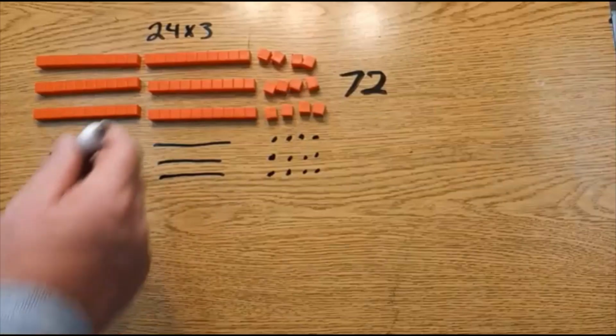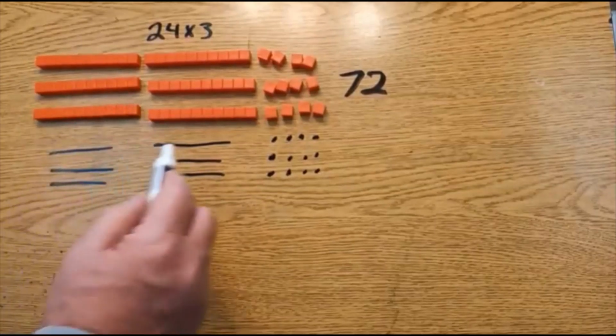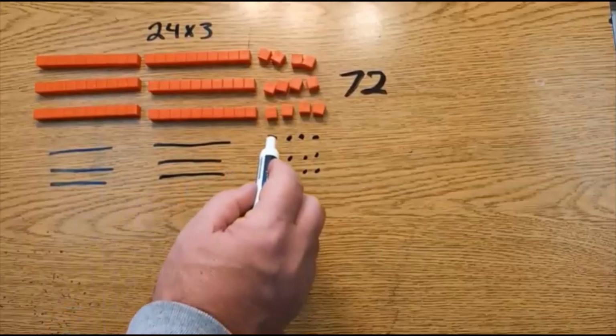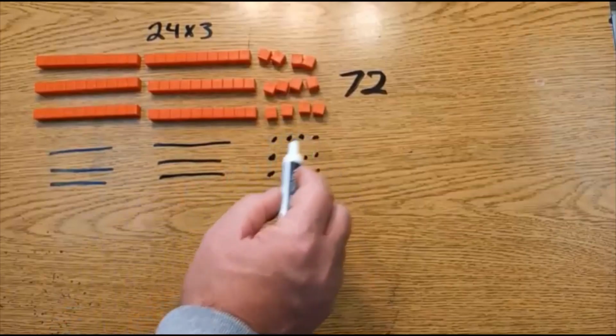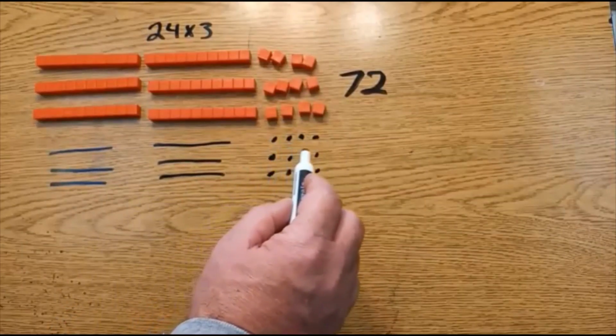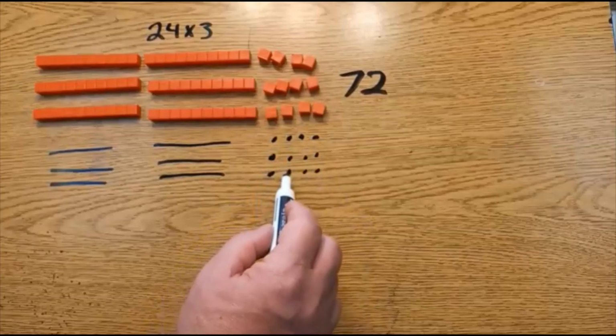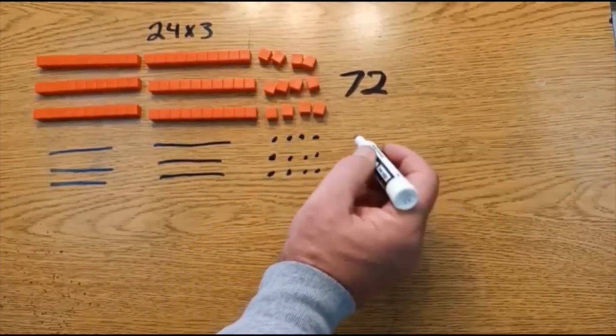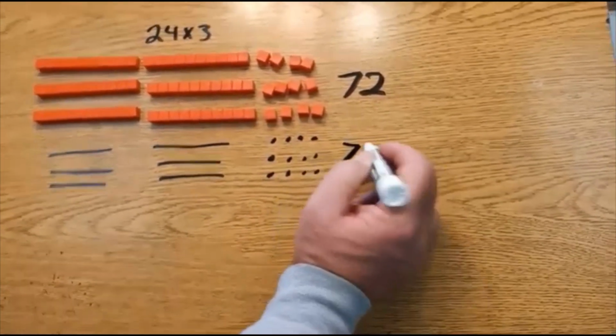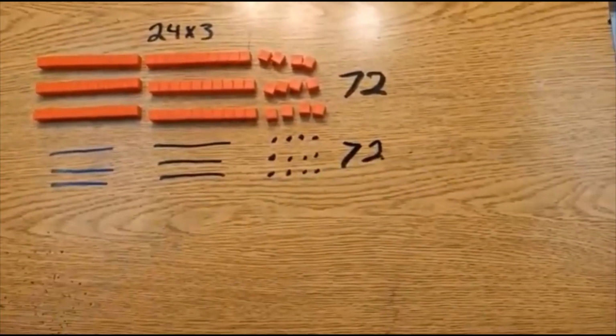And we count it the same way. That's 10, 20, 30, 40, 50, 60, 61, 62, 63, 64, 65, 66, 67, 68, 69, 70, 71, and 72. So 24 times 3 is 72. Just modeled a different way.